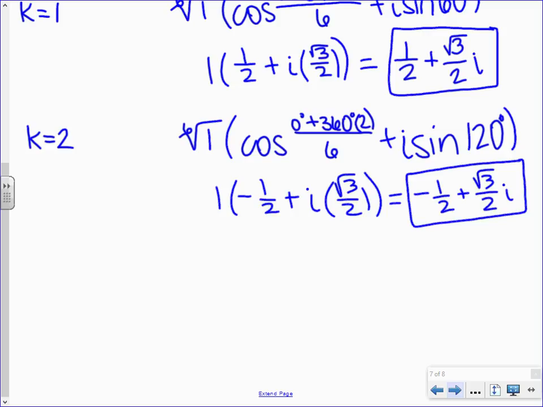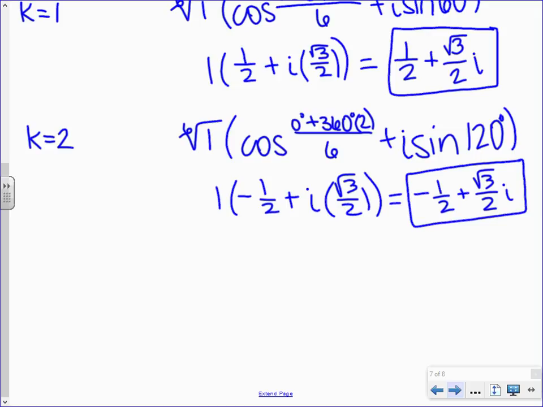Now, you will see some patterns in some of these root problems. I am fine with you using these patterns to a certain extent. Don't get too excited and start writing the answers. The patterns that I want you to look for are within the angles. Okay? How far apart have these angles been? They have been 60 degrees.